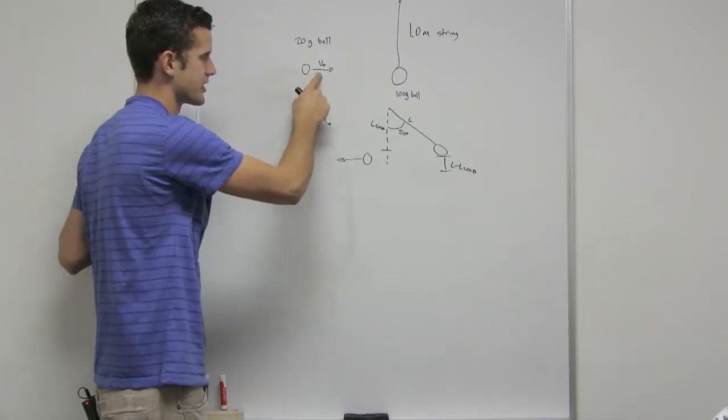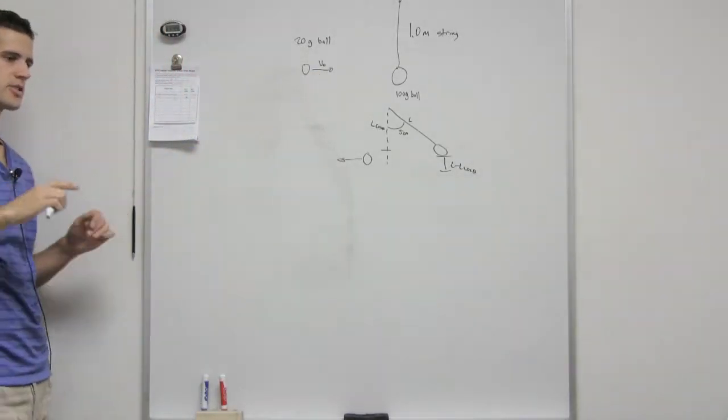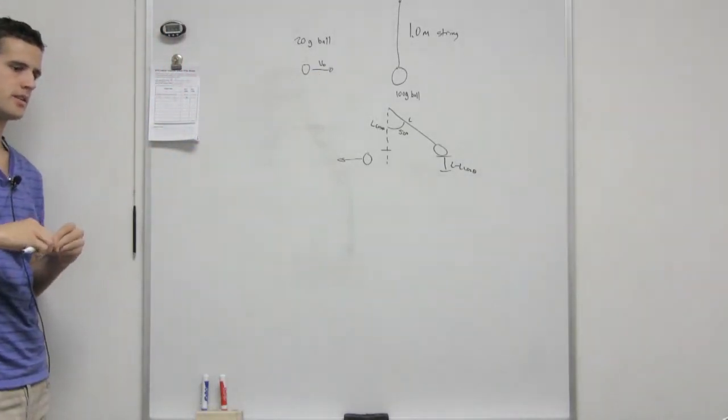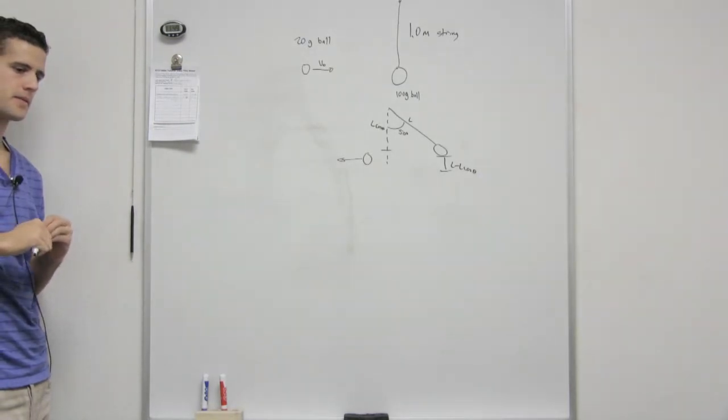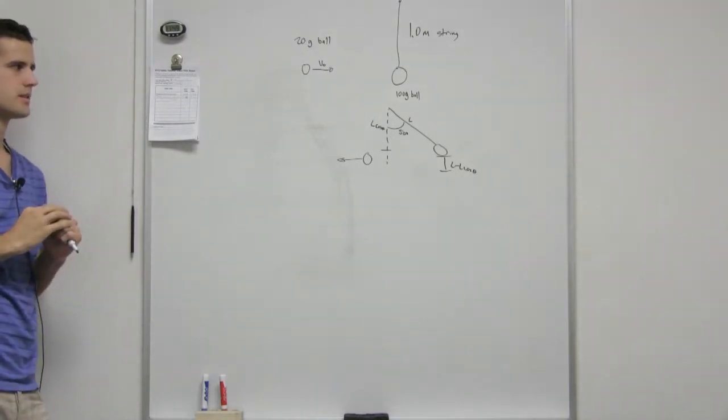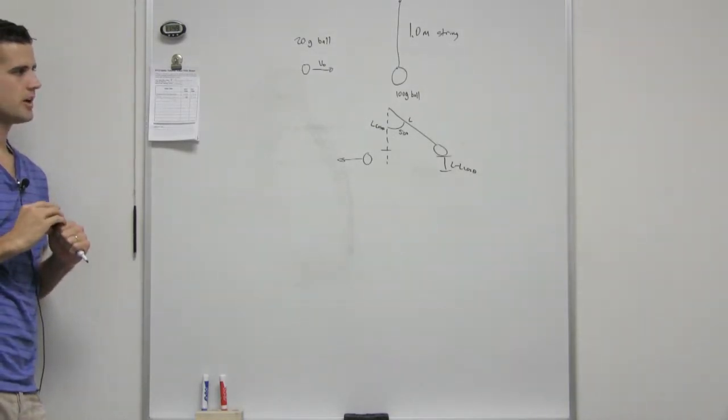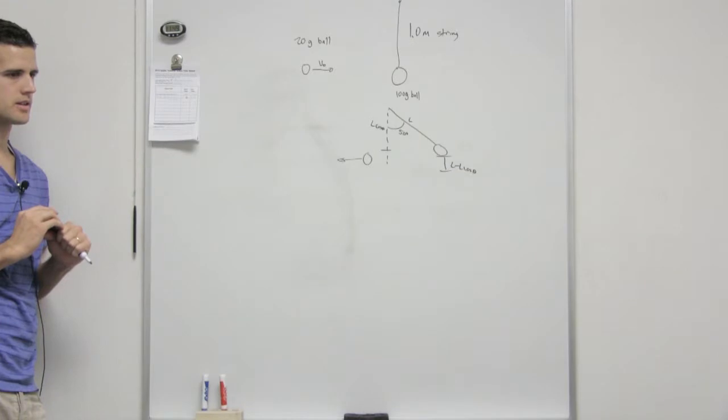So V0 is your first part, and that's what you're trying to solve for. Well, we're going to have to plug it into kinematics. No, fortunately not. We're going to have to use momentum.